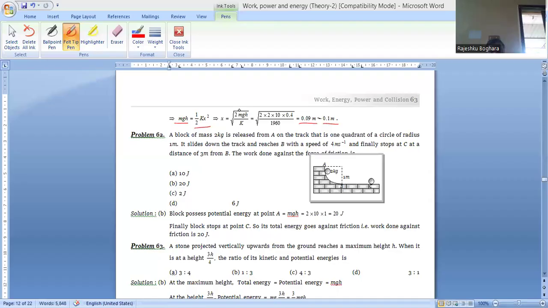Now take here s, ds by dt. So v is equal to ds by dt, (2Pt by m) raised to 1 by 2. Now take dt on the right side. So ds is equal to v, that is (2Pt by m) raised to 1 by 2 into dt. Now take integration. Integration ds is equal to integration (2Pt by m) raised to 1 by 2 dt.